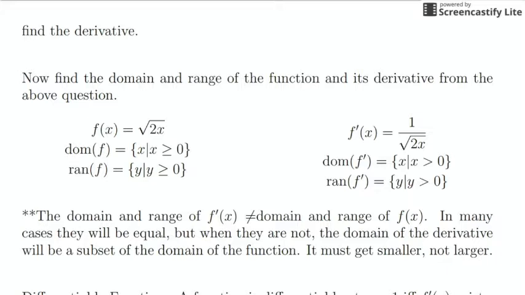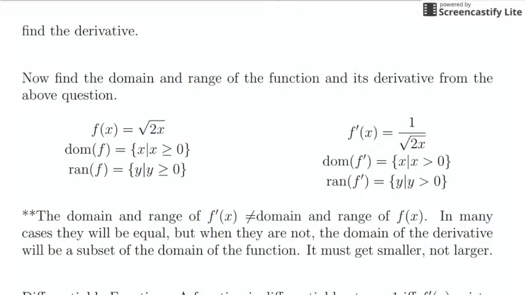But when it does change, the domain of the derivative is going to be smaller than the domain of the original. Okay, we're going to lose something. So in this case, 0 was part of the domain of the original function. When there's a change, it's going to get smaller. Now all of a sudden we've lost the 0. Now that's not a huge difference in the domain, but it is significant.